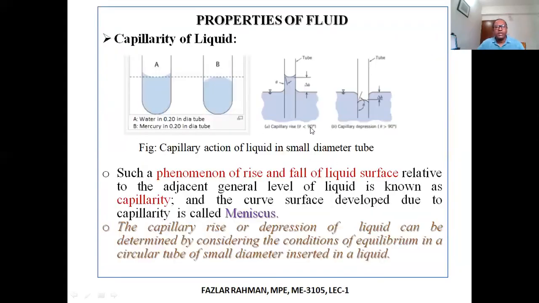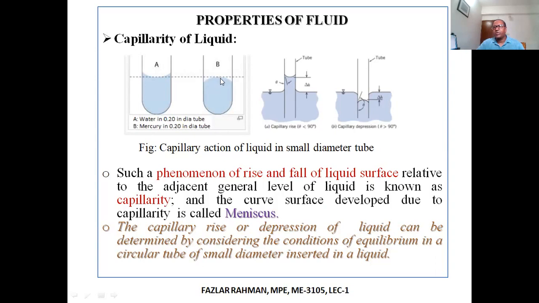So capillary liquid, we are continuing this one. It's saying such a phenomenon, rise and fall of liquid surface relative to the adjacent general level of liquid, is known as capillarity. So what you see over here, fluid is supposed to stay on this horizontal line, but if you look at situation A, fluid is going up, that means fluid level rises, right?